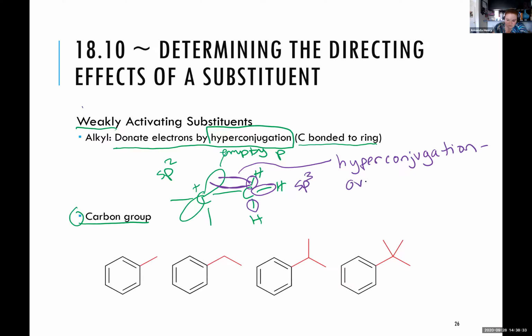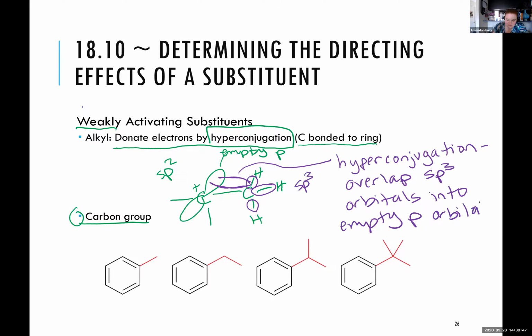So hyperconjugation is the overlap of the sp3 orbitals into the empty p orbitals of a carbocation. All right, the reason why we're talking about this here is, I'm going to go back a few slides.